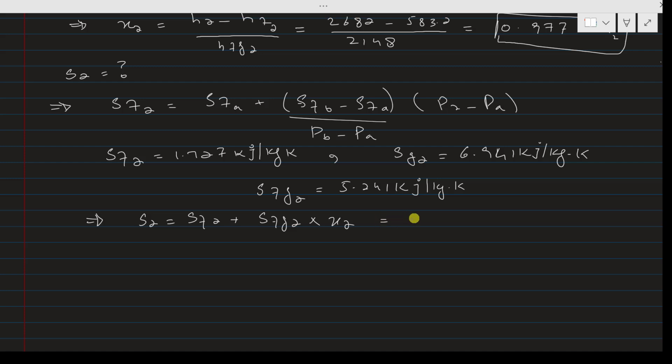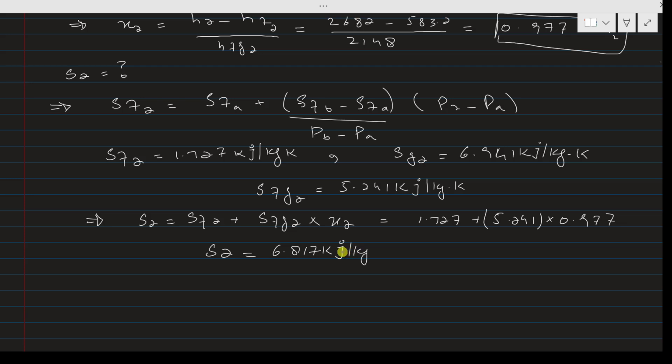So the Sf2 value is 1.727 plus Sfg2, that is 5.241, multiplied with dryness fraction 0.977. So finally you will get the entropy S2 equal to 6.817 kilojoule per kg.